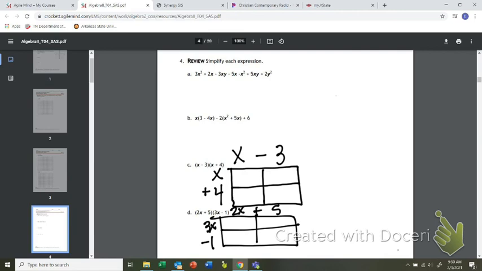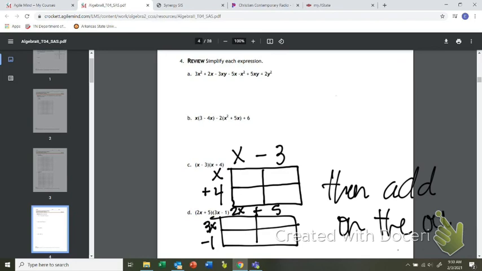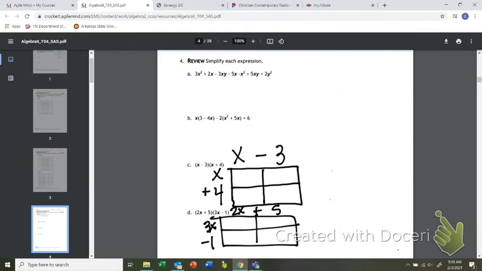Multiply on the inside, then add on the outside, okay? Combine everything. Same thing here.